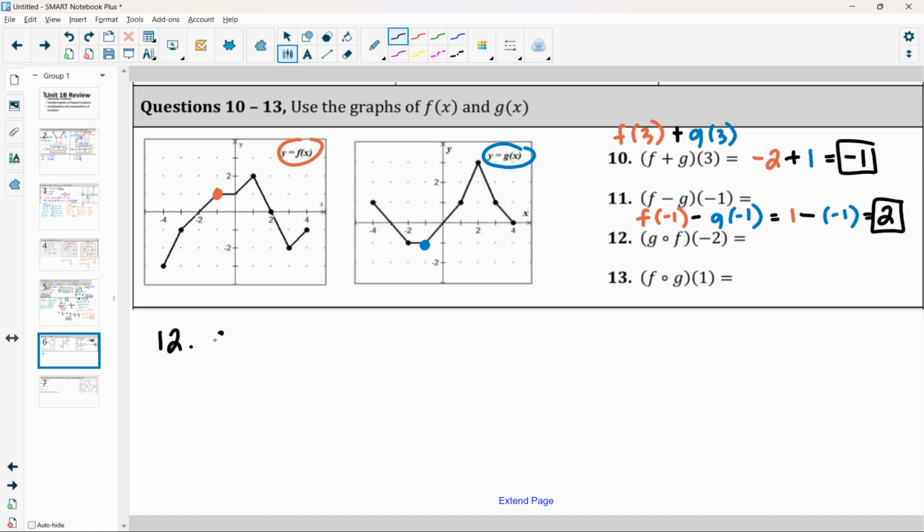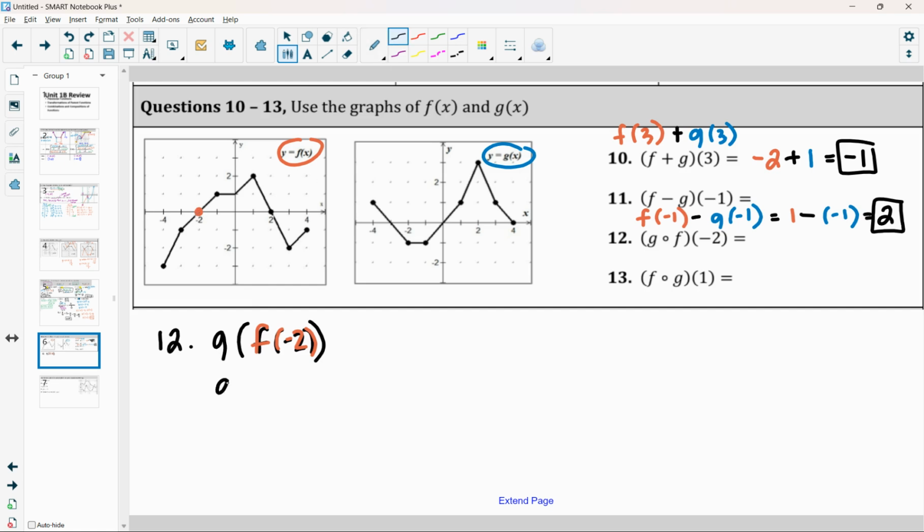For number 12, we're doing g of f of negative 2. So we're looking at f of negative 2 first, this part first. You start with the inside and work your way out. When x is negative 2 on the f graph, the function is at 0.